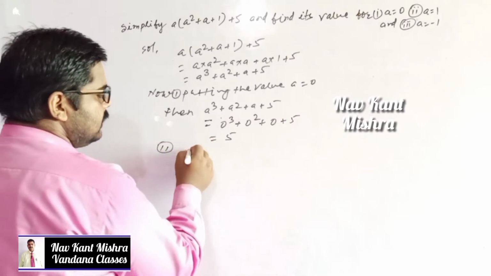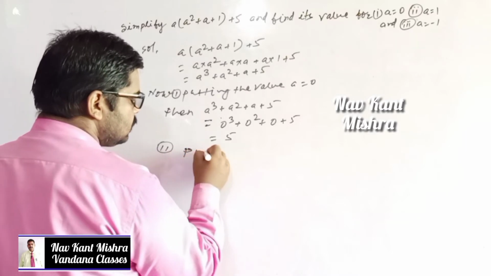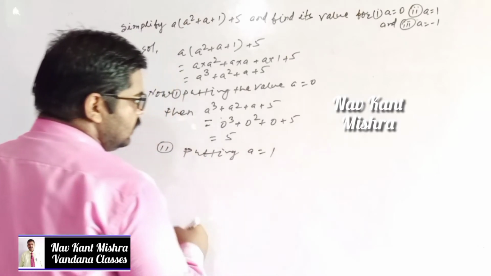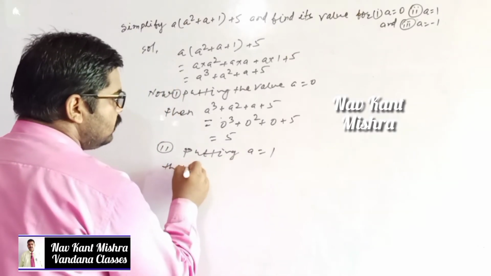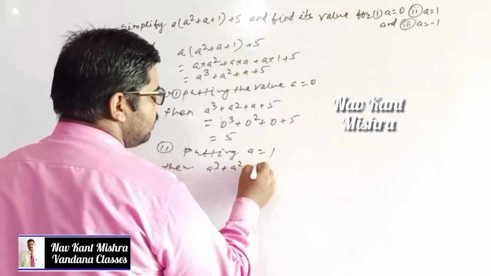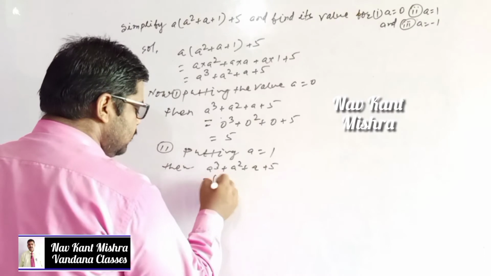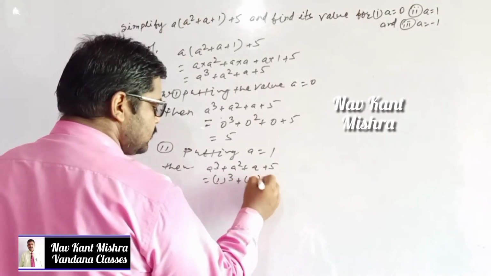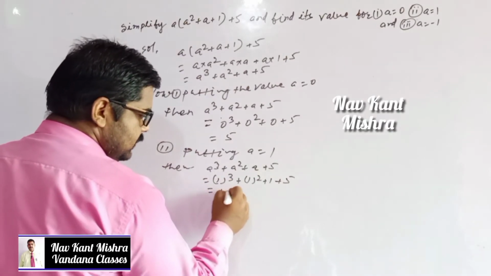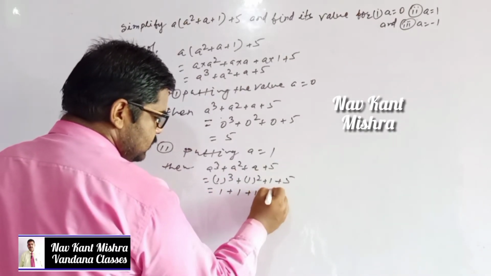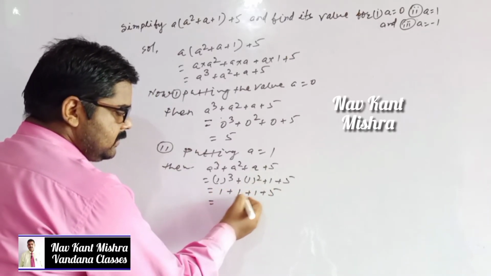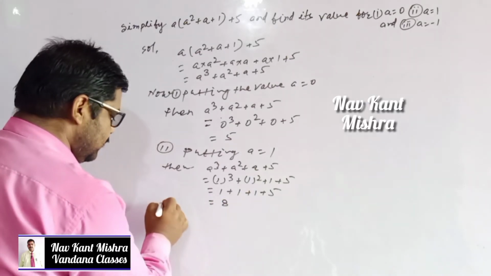Similarly, in second, putting a is equal to 1, then we get a cube plus a square plus a plus 5 is equal to 1 cube plus 1 square plus 1 plus 5, and its result is 1 plus 1 plus 1 plus 5, because 1 cube is equal to 1 and 1 square is also 1, so its result is 8.